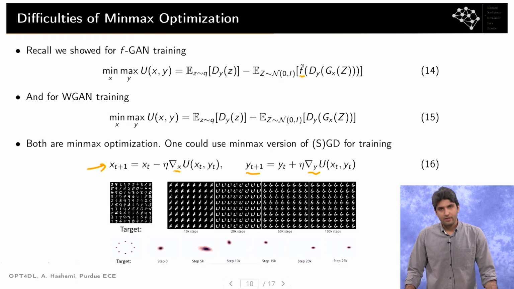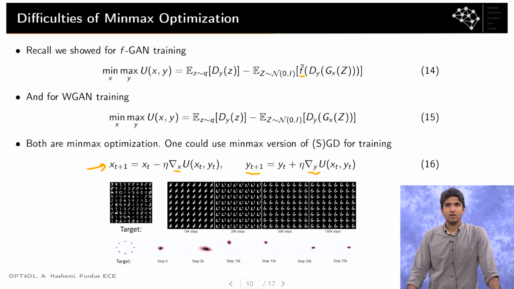Now, it turns out that in a variety of settings, if you use this idea, it's not going to work. In particular, training GANs is very, very difficult in practice, given numerical instabilities and also what we call mode collapse, where the generator cannot generate meaningful, let's say, images.